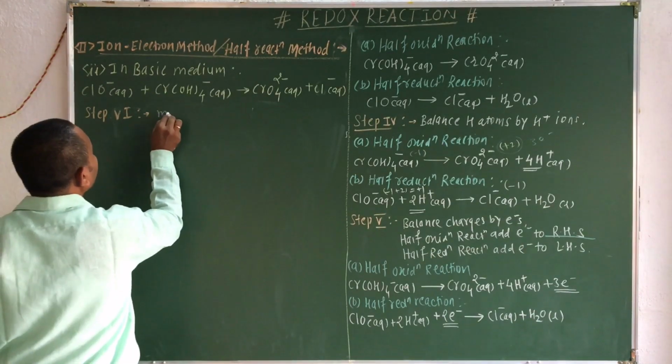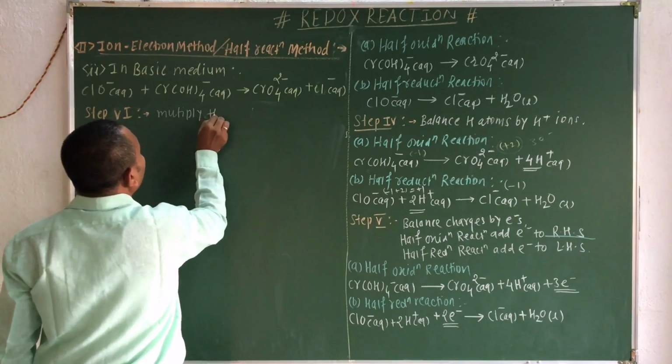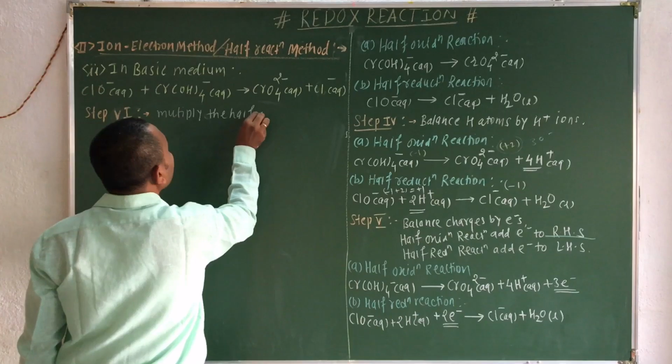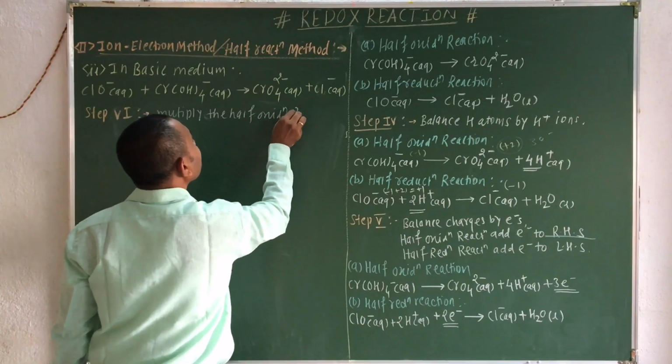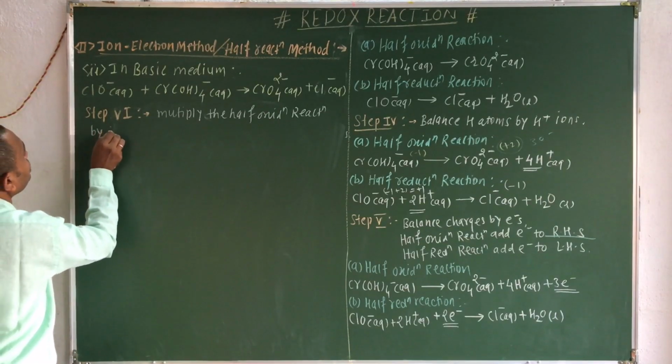So multiply the half oxidation reaction by 2.